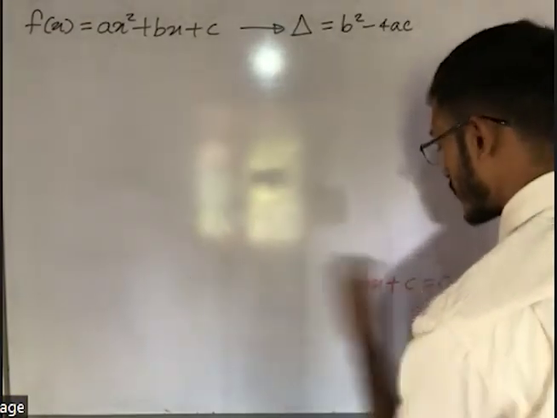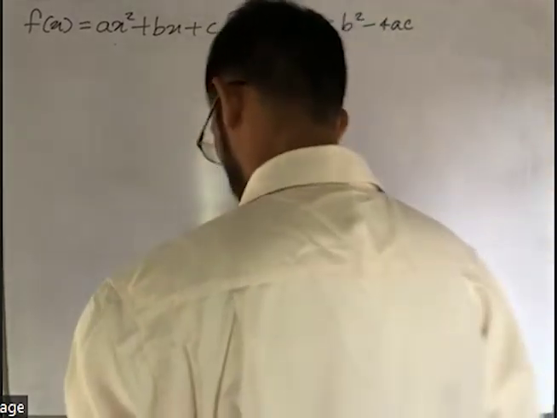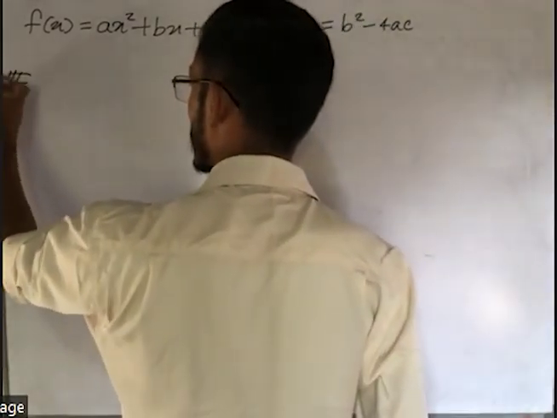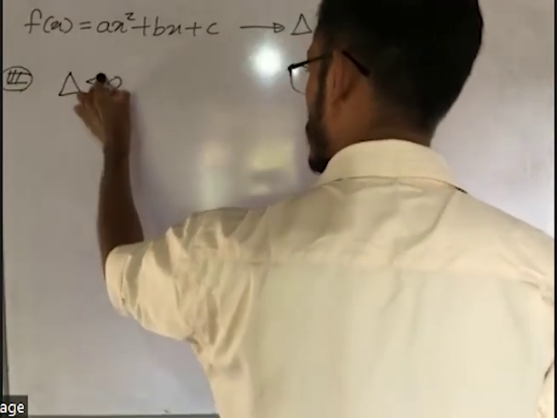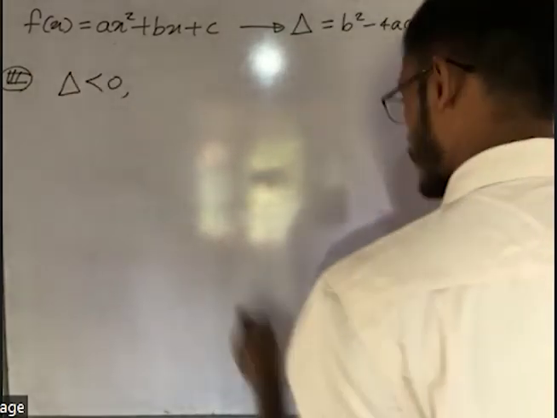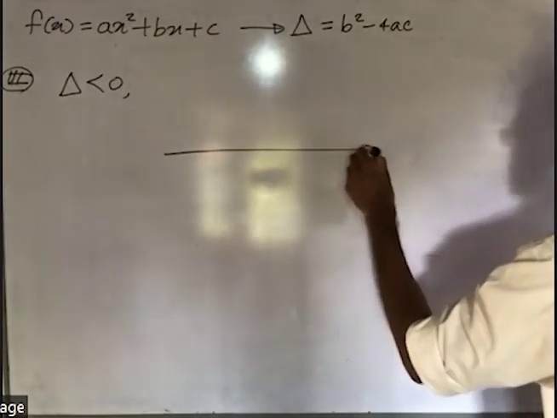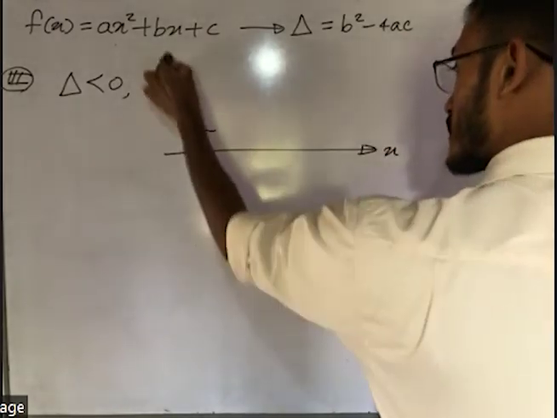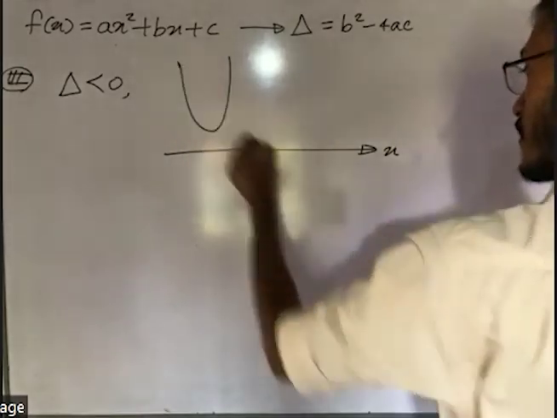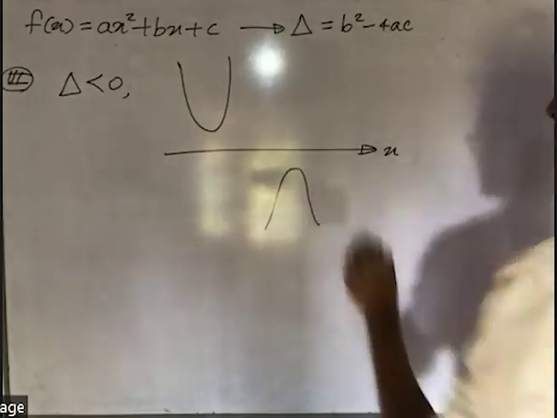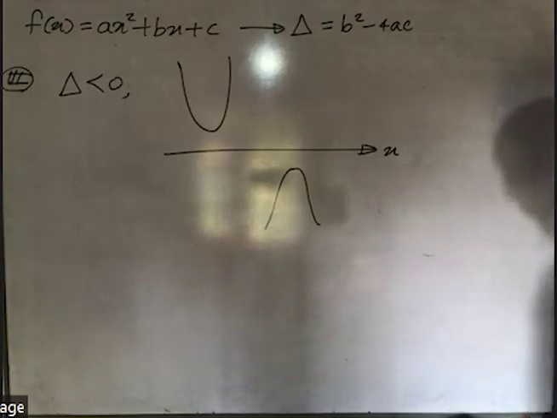Next, third one. Now look at this third part. When delta is less than 0, if you draw the graph, this is the x-axis. This graph will lie above the x-axis or lie below the x-axis. So there are no intersection points, right?